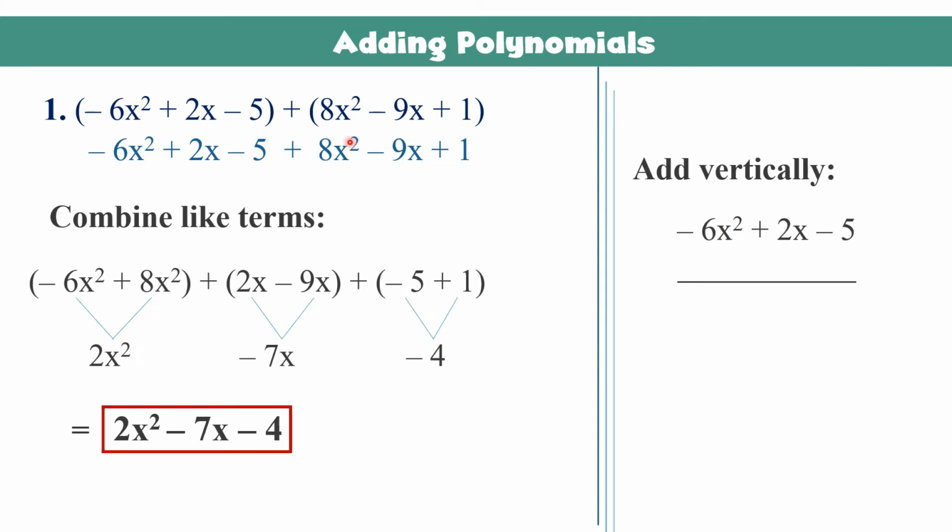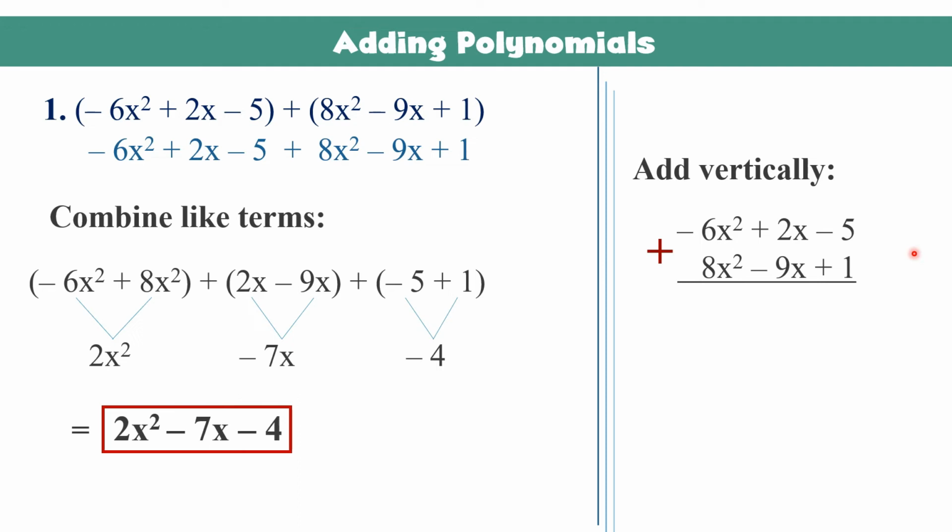So it means 8x squared must be written under 6x squared because both of them have the variable x squared. So we'll have positive 8x squared below 6x squared. Then negative 9x must be written under 2x since both of them have the variable x. Same with the constant, so positive 1 must be written under negative 5.